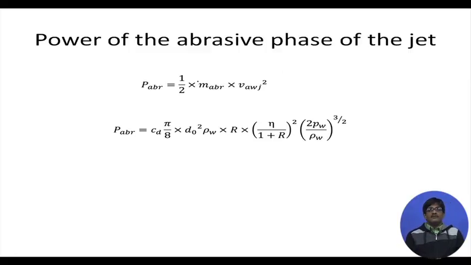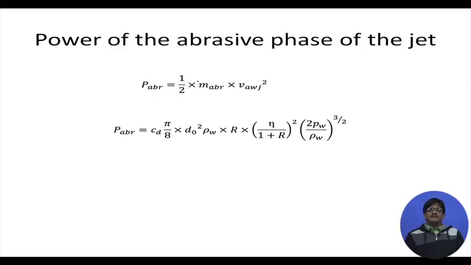So, power of the abrasive phase of the jet. If you kindly remember, previously we had discussed the power which is contained in the water jet and the one which did not contain the abrasives.